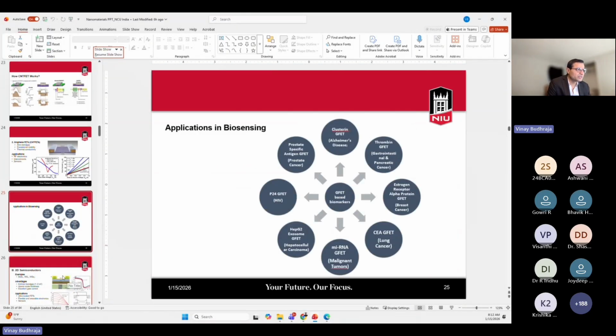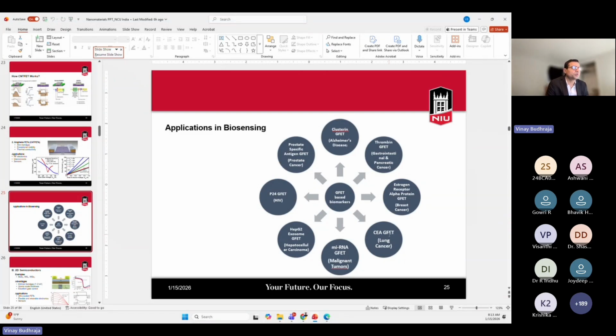Graphene-based FETs find very nice applications in biosensing. Here you can see the graphene FET-based biomarkers. They are being used in many different disease detections, such as HIV, prostate cancer, Alzheimer's, breast cancer, lung cancer, malignant tumors, and carcinoma.